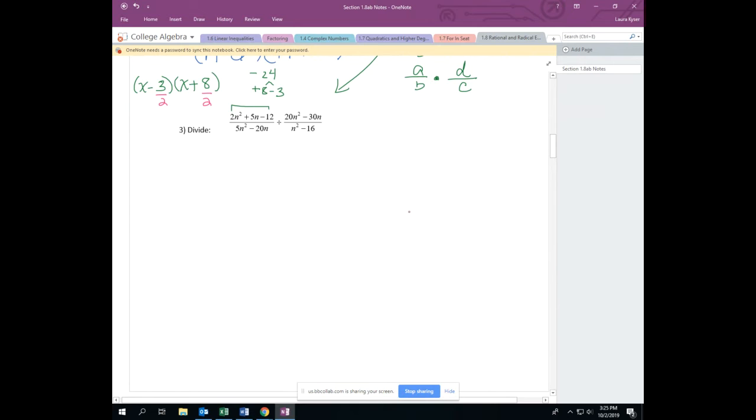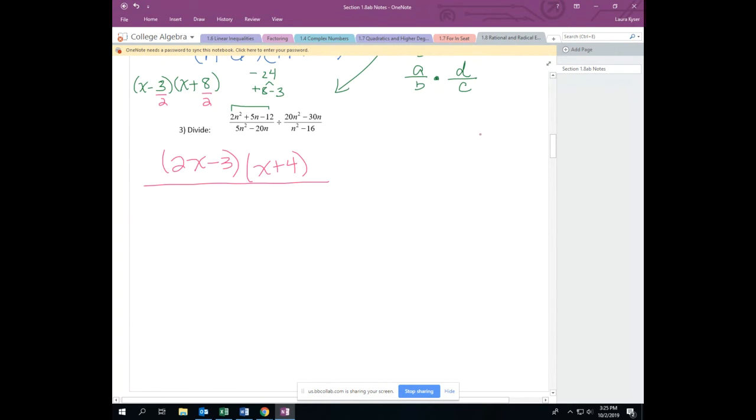And if we cannot, we are going to bottoms up the denominator into the front of its respective parentheses. So this first fraction does not simplify, negative 3 over 2. So we're going to bottoms up and make this 2x minus 3. The second parenthesis does simplify because 8 divided by 2 is just 4. So x plus 4. So there's your top.